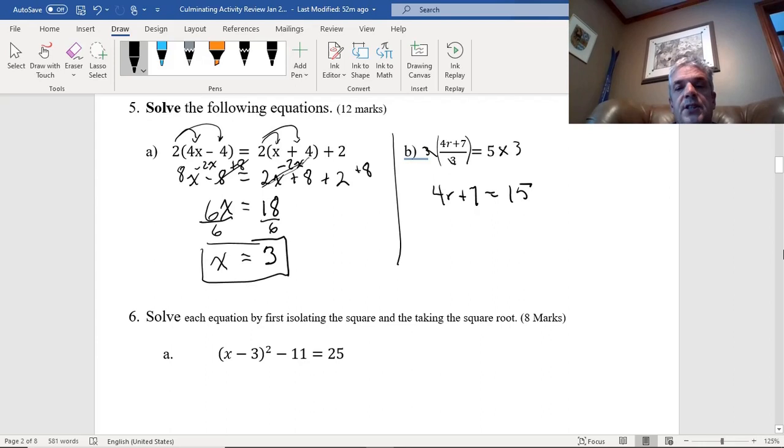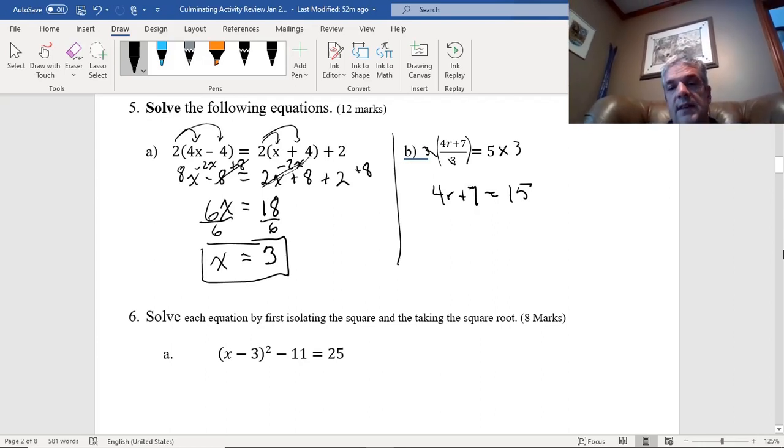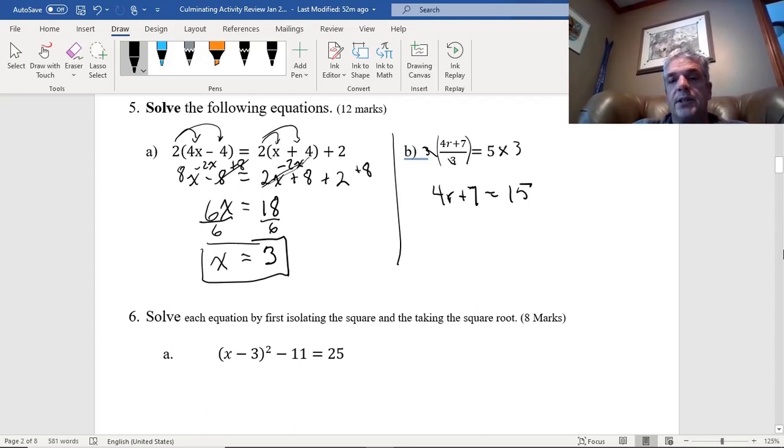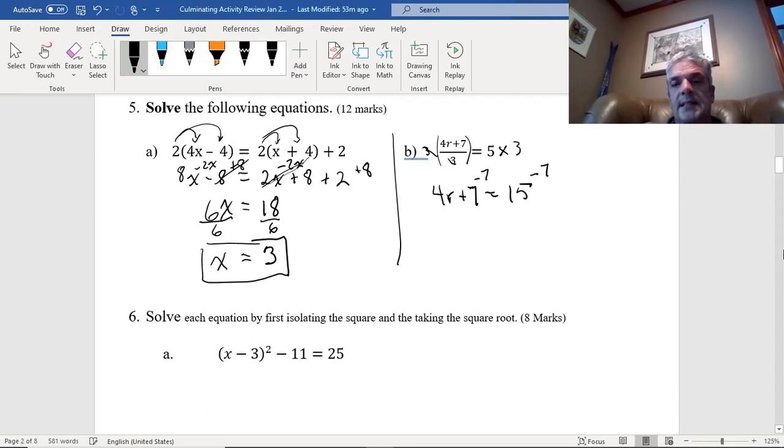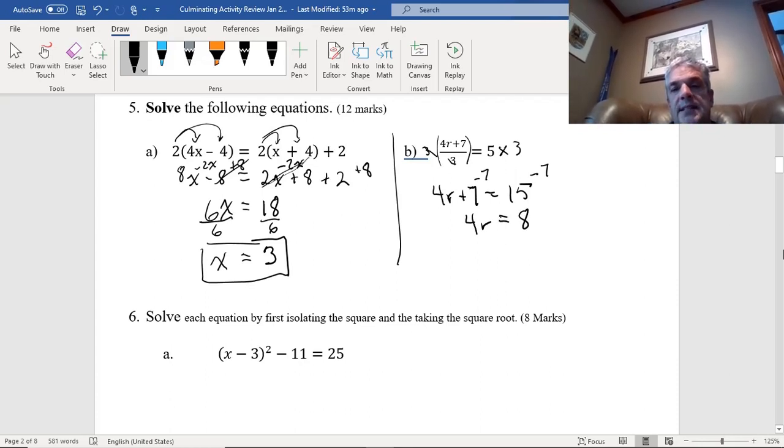And as soon as I do that, I end up with this relatively easy equation, which is 4r plus 7 equals 15. And it's much easier to solve. What's on the wrong side? Just the 7. So I subtract 7 here, subtract 7 here. I end up with 4r equals 8. Okay, 15 minus 7 is 8. 7 minus 7 is 0.